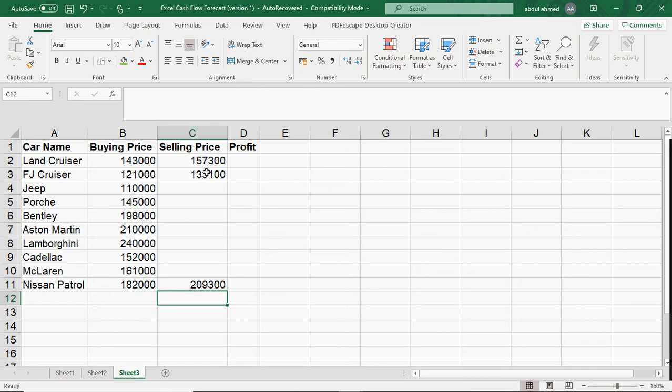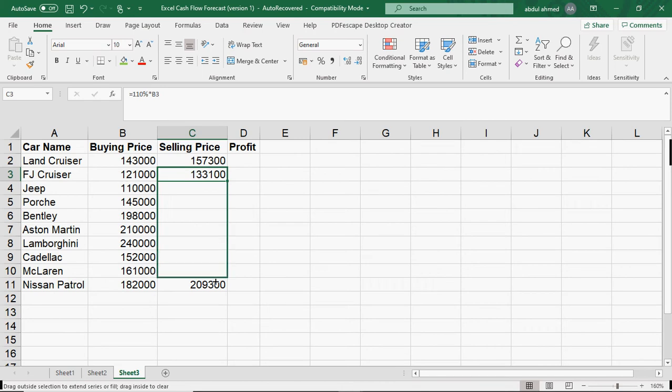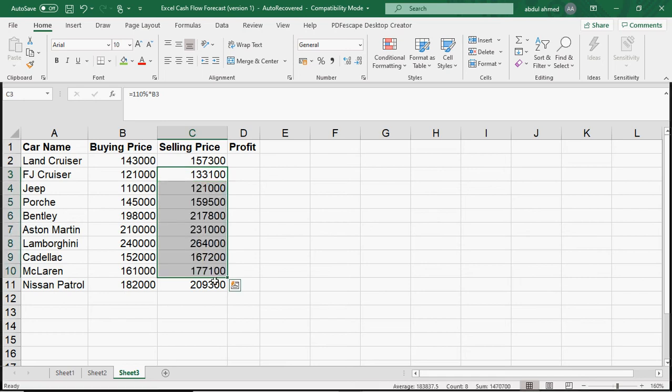We're going to leave the rest as 10% profit. And remember, I taught you this by just applying the same formula. By dragging that down, you're telling Excel to use the same formula design to complete the other calculations, and that's it. That's done. Easy as that.